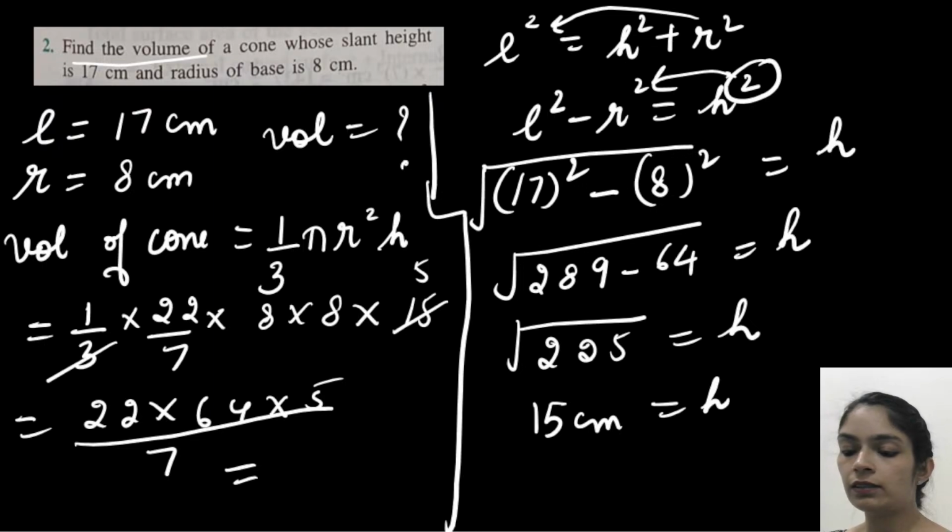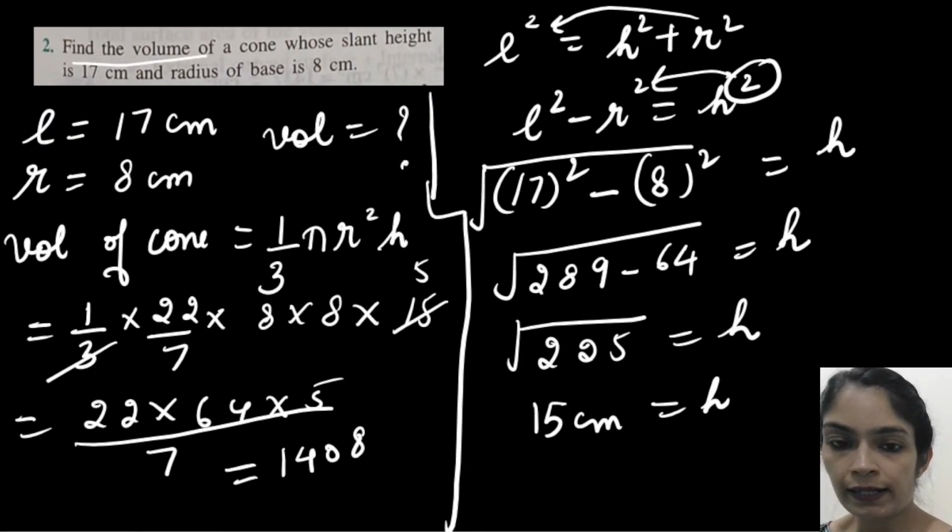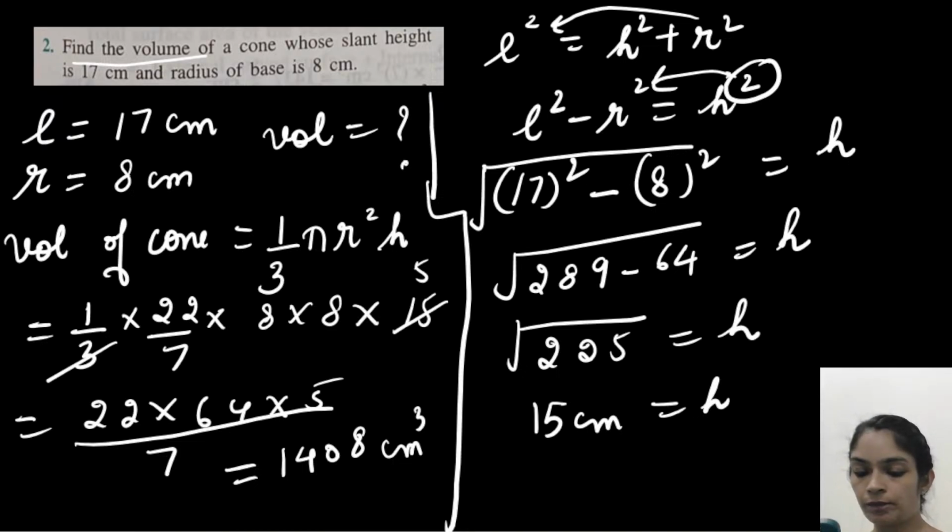Let's see who will answer this first. 22 into 64 into 5 by 7. Okay, Nikita has given the answer, 1408 centimeter cube. I'm not sure because Shiv Shankar has given 7040.